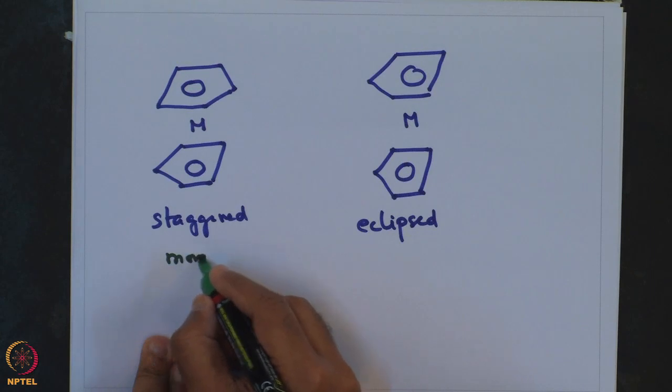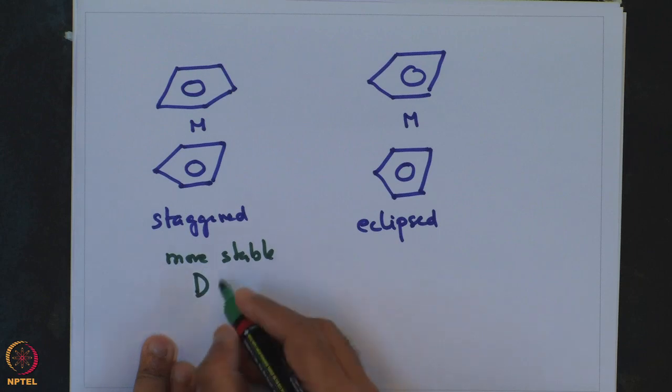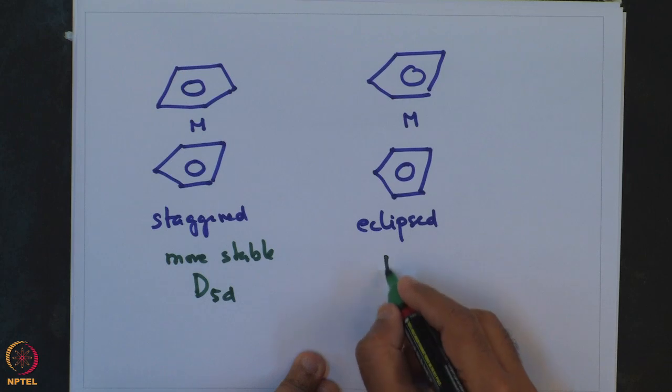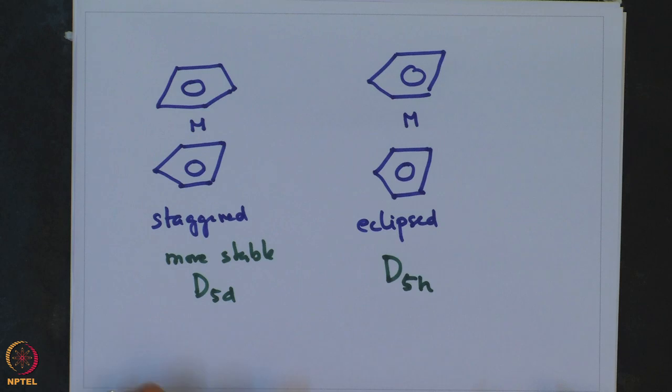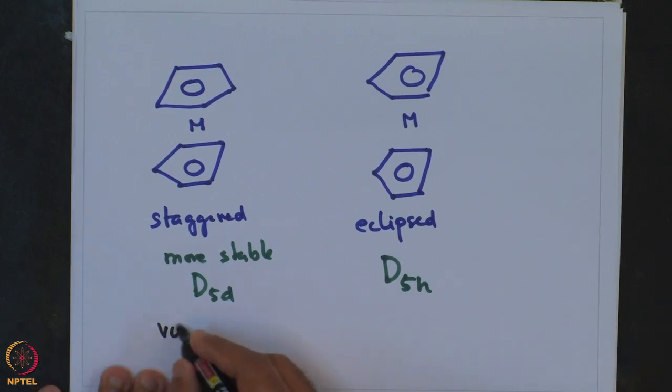The staggered form is more stable and its point group is D5D, whereas the eclipsed form is D5H. Now, the important thing is that the orbital energy, or bond energy, does not change in going from the staggered to the eclipsed form.